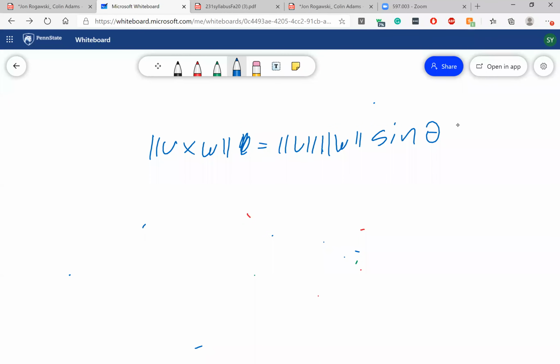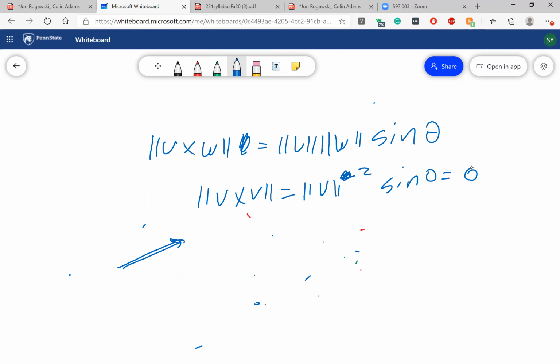So if we have V and V again, we're looking at V cross V, then the angle between them is 0. So V cross V is going to be equal to the magnitude of V squared times sine of 0, which is equal to 0.